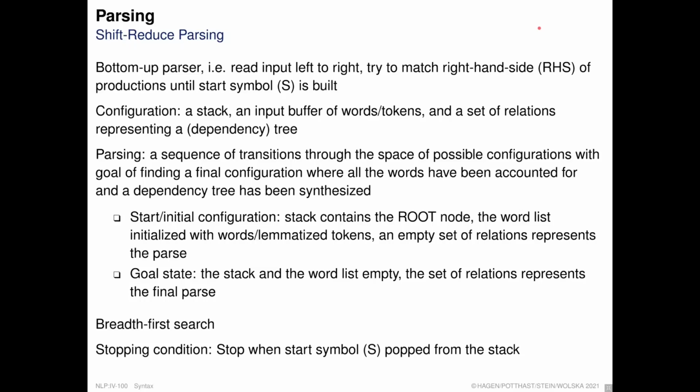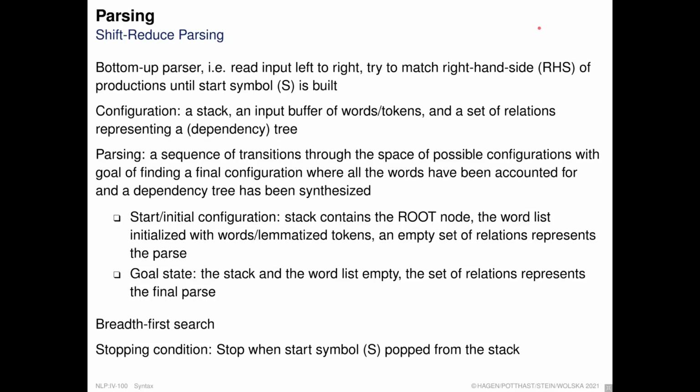In general, it's an example of a bottom-up parser. We read the input from left to right, and we, of course, have our grammar, and try to match a right-hand side of some production until we get to a start symbol. So we will be collecting productions, reducing this tree.